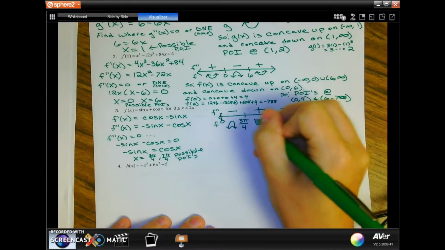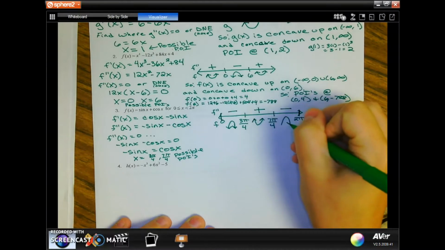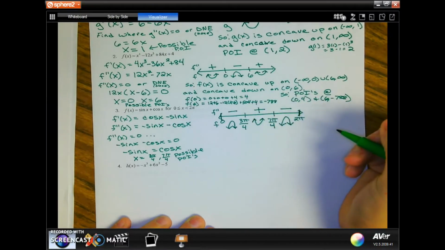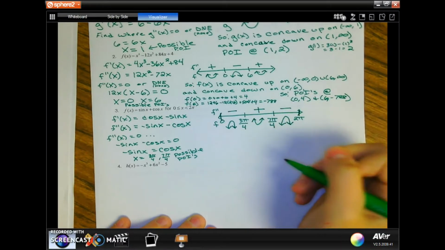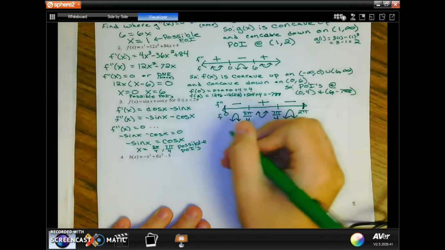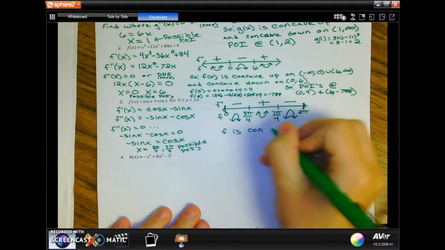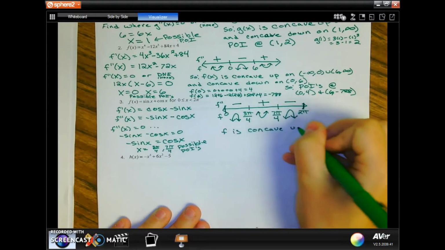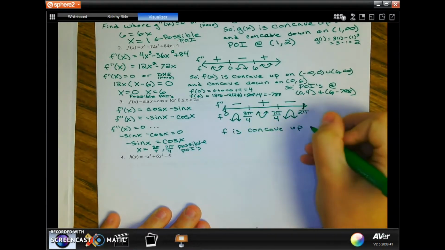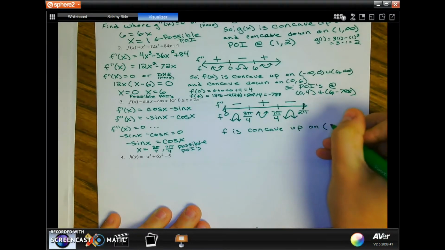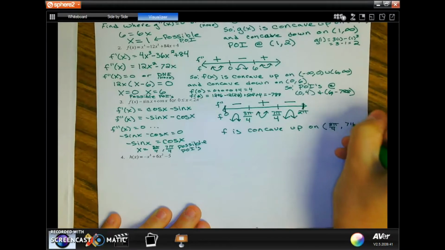Tells me the original is going to be concave up there and concave down again between those. So my conclusion would be that f is concave up on the interval 3 pi over 4 to 7 pi over 4.